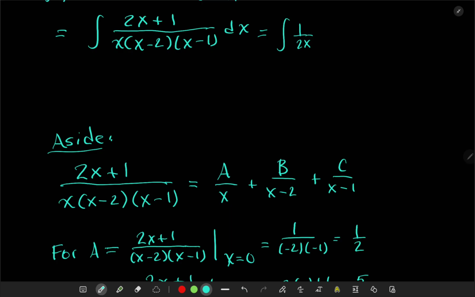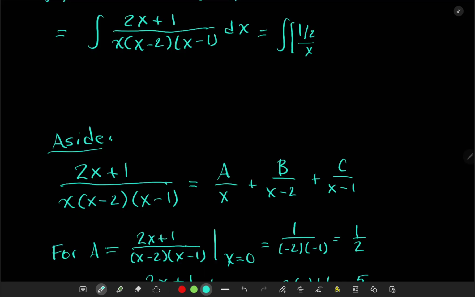Although, no, let me not do it that way. I want to write it as 1/2 over x, because then you don't think about a u substitution, u equals 2x. You just grab that 1/2, move it out, and then just do your integral of 1 over x. So I like writing it like this better.